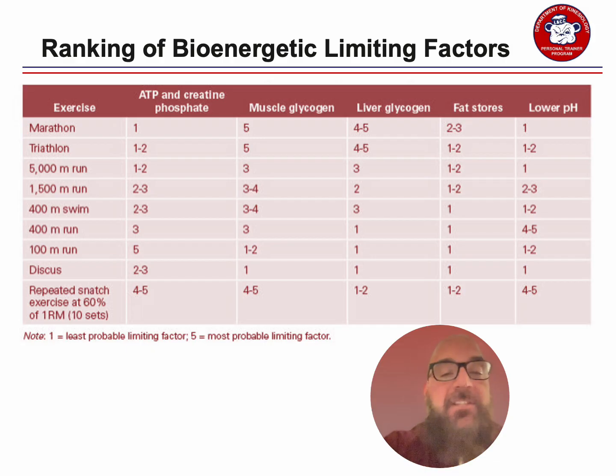Let's go to the bottom, repeated snatch, Olympic snatch. That's where the barbell's going up over your head. It's hard to see, but up over your head like this. The ATP system, the phosphagen system, is now going to be the biggest rate-limiting step, along with muscle glycogen. And then we have to deal with significant acidity, which could be an issue too if we don't get enough recovery in between.